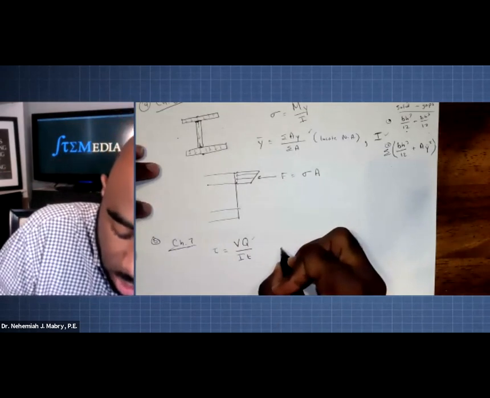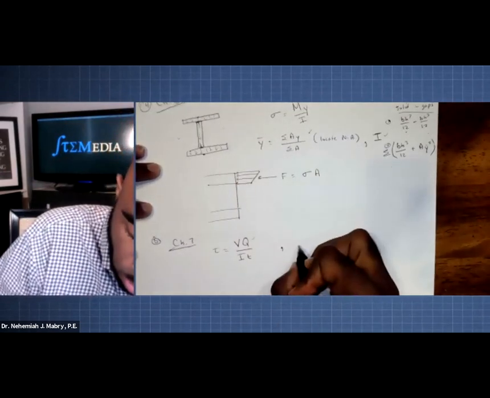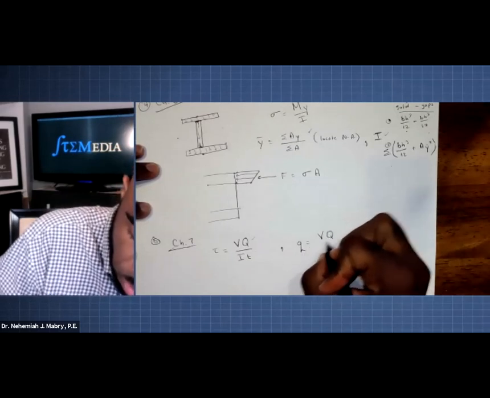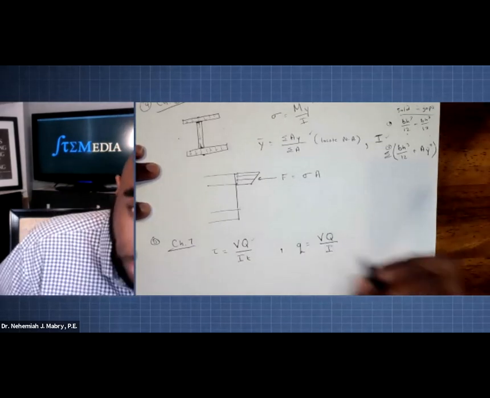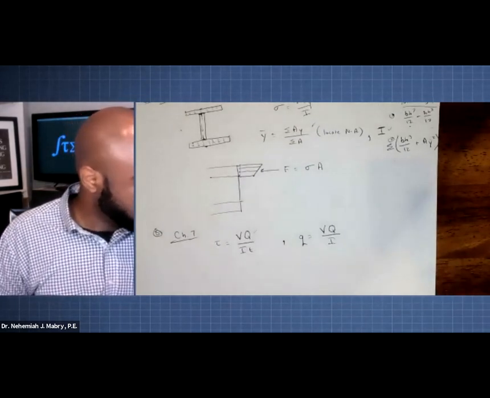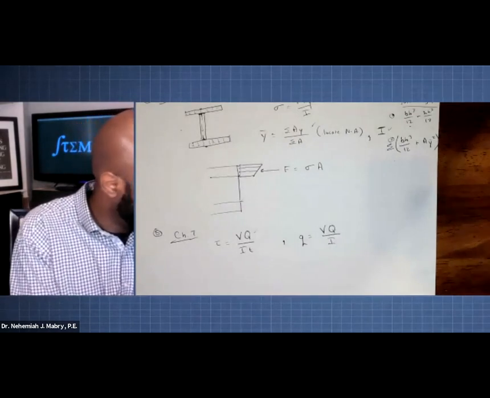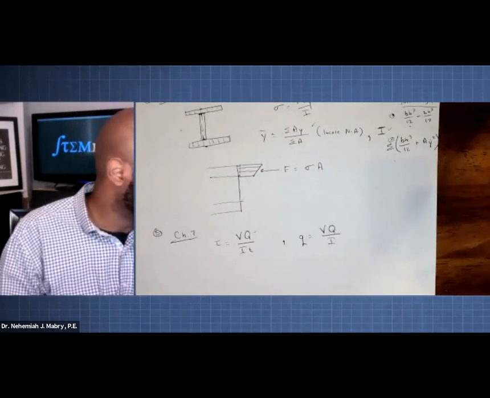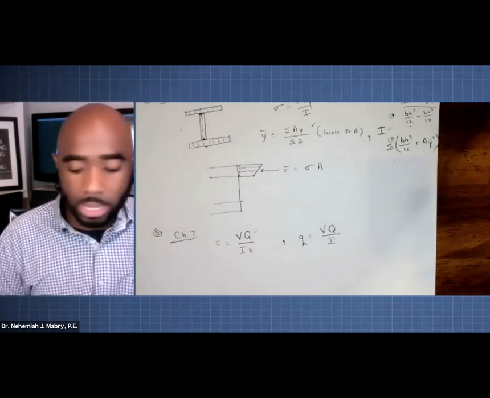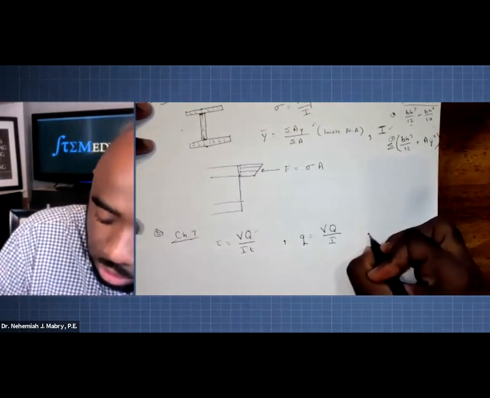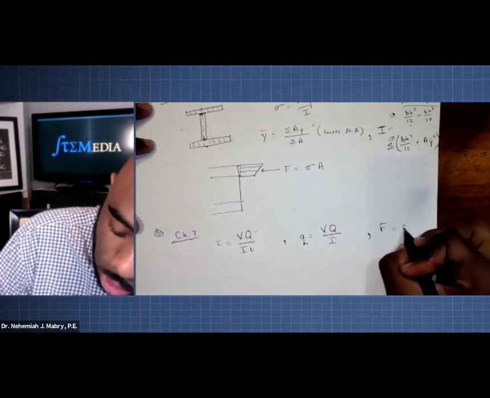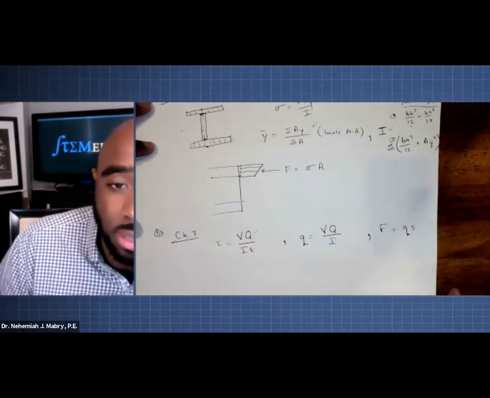Another equation here is the shear flow, which is little q equal to VQ over I without the T. And then lastly, if you're dealing with fasteners, the force in a fastener, F, is equal to little q S.